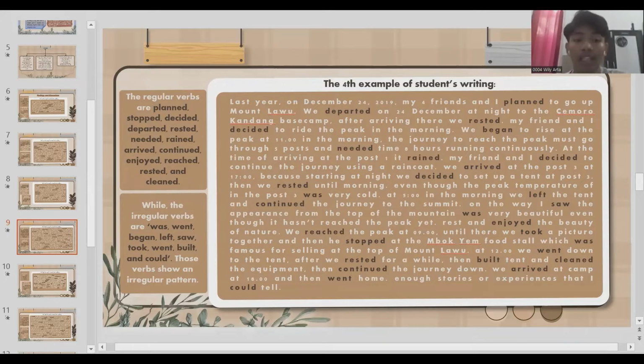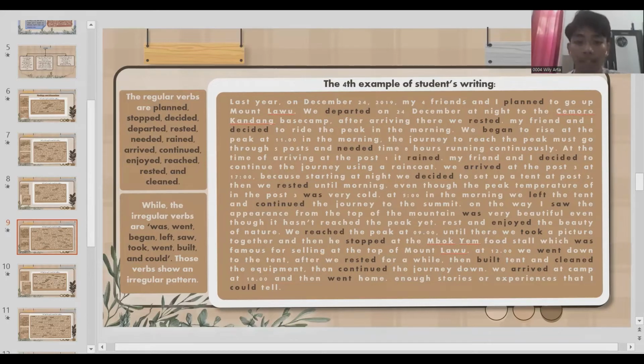While the irregular verbs are was, went, began, left, saw, took, went, built, and caught. Those verbs show an irregular pattern.